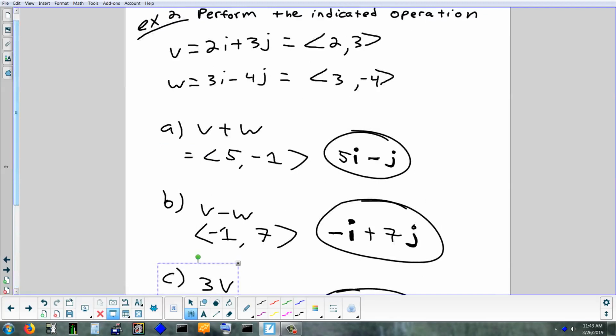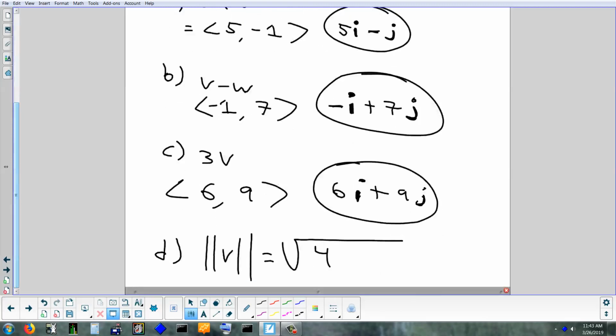Yep. 2 squared is 4, 3 squared is 9. So it's going to be 4 plus 9. When you're finding the magnitude, just think of it as the Pythagorean theorem, just using numbers. One side's 2, one side's 3. So 4 and 9. So the magnitude is the square root of 13.